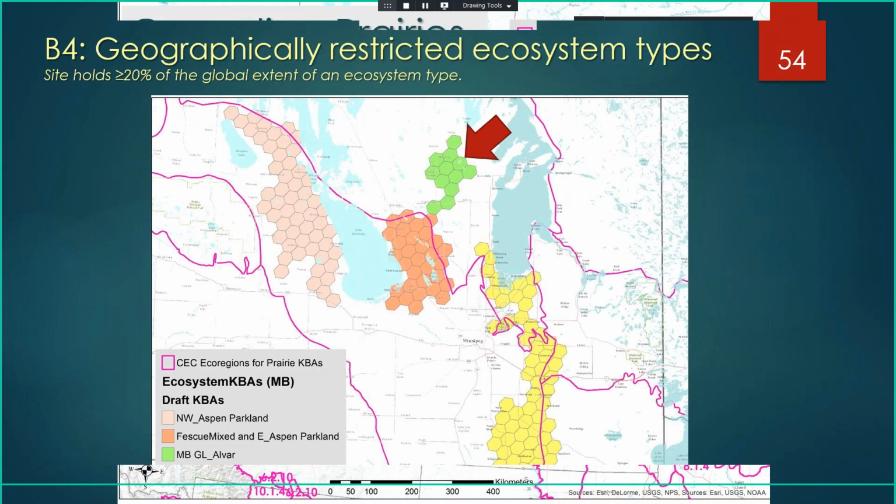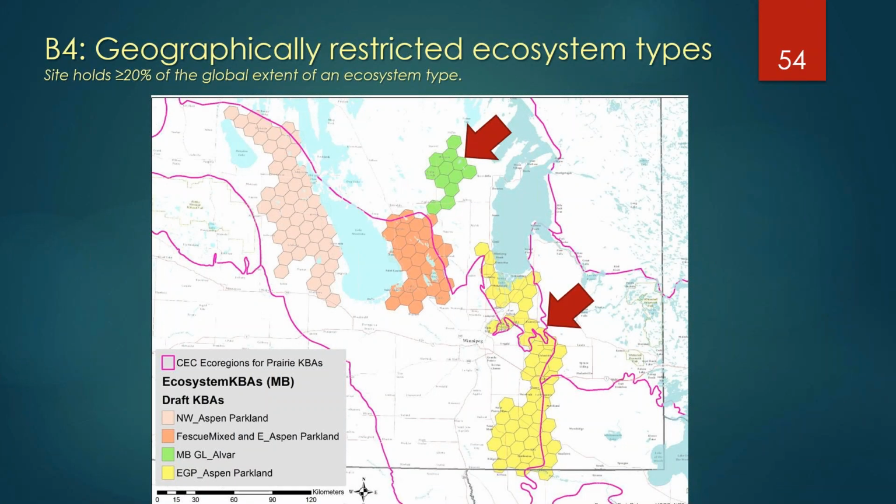Quantifying our total area that we have for the alvars, and this is including the alvars as we've defined them across the Great Lakes region, this is a substantial chunk of alvar here, and as a matter of fact, it would cross that threshold.